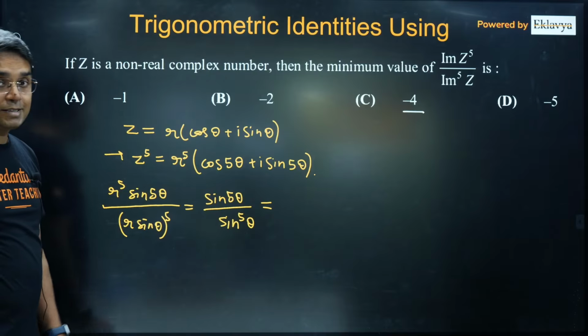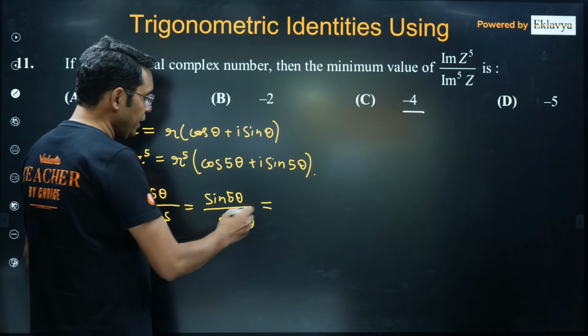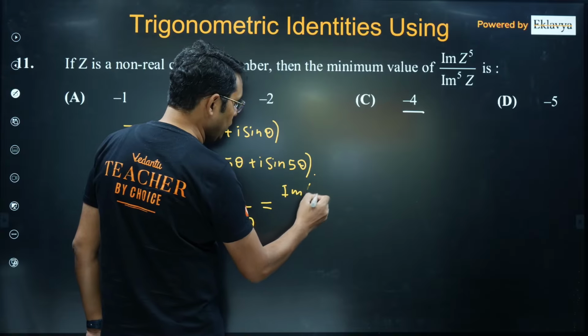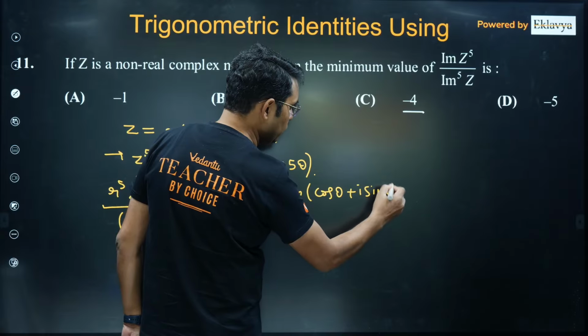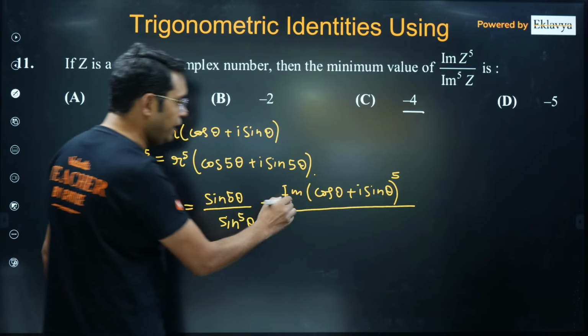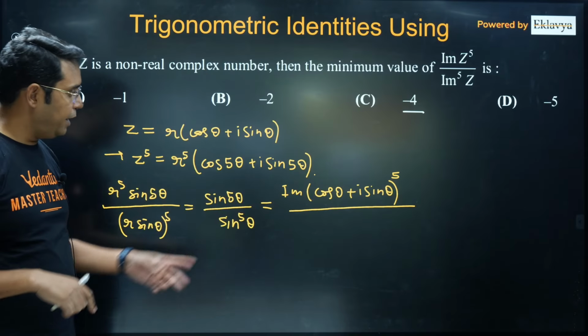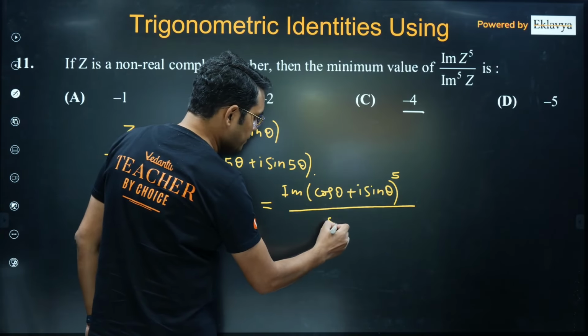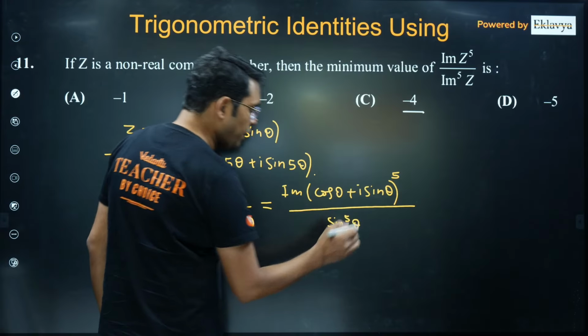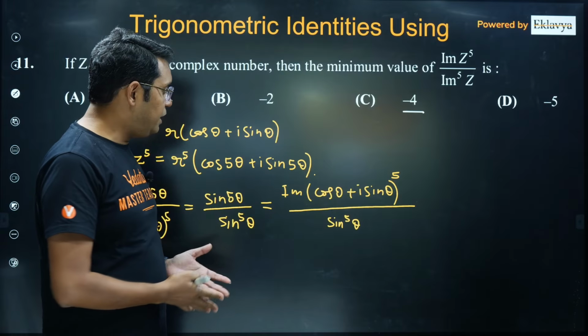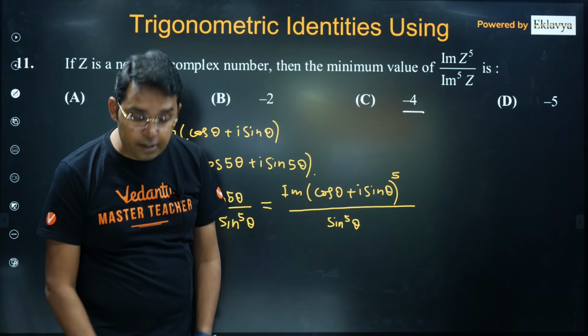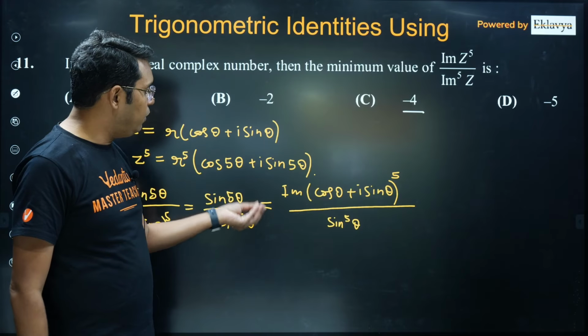Okay, now what is sin 5 theta? If you remember, it will be the imaginary part of cos theta plus iota sin theta whole power 5, upon sin power 5 theta. The same method I explained in my very first slide. You may not remember the result for sin of 5 theta, but I think this is not difficult. I think you can definitely remember how it is coming.